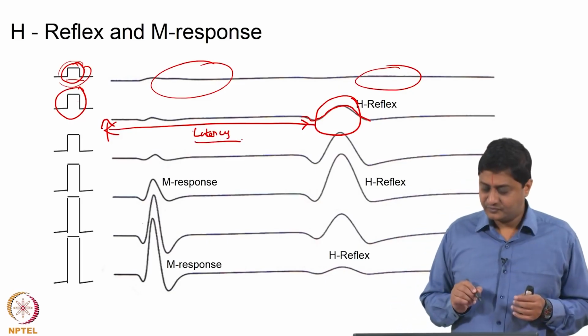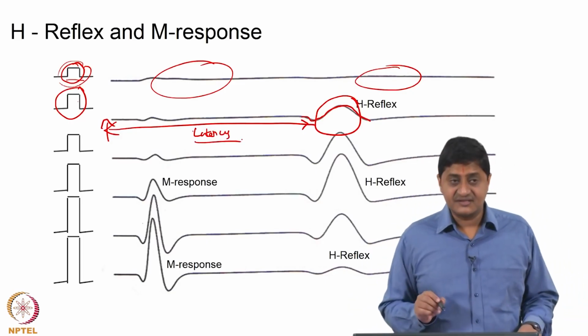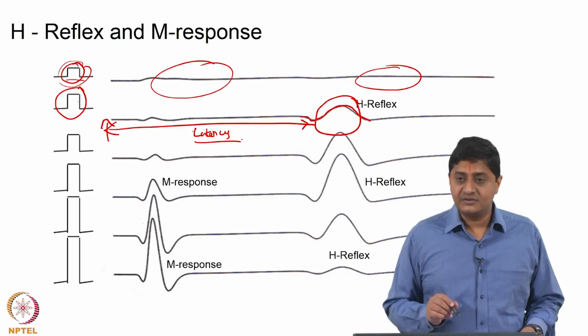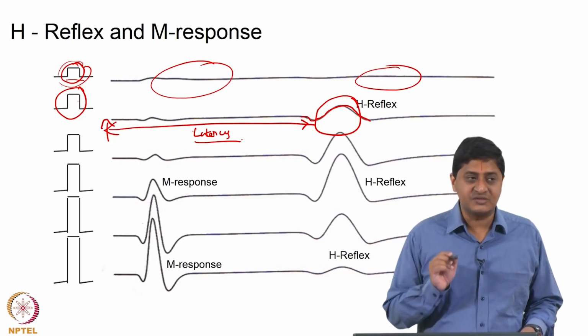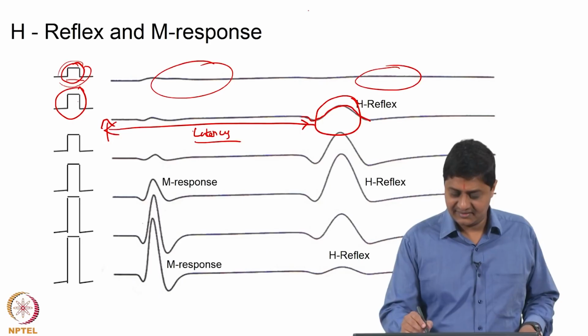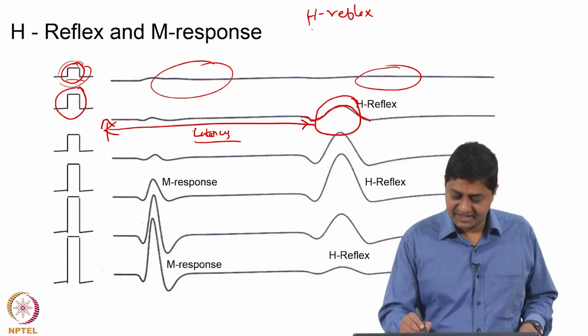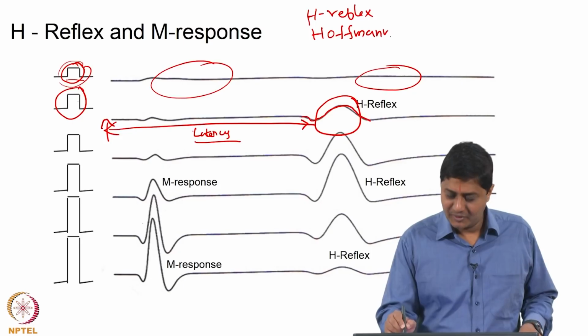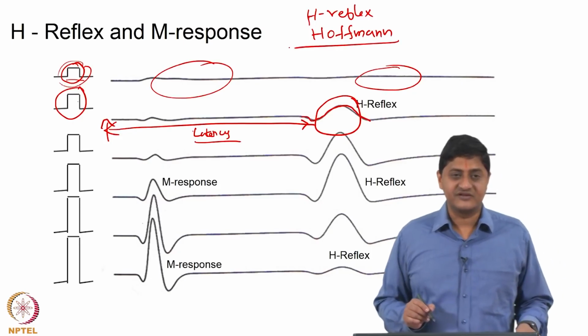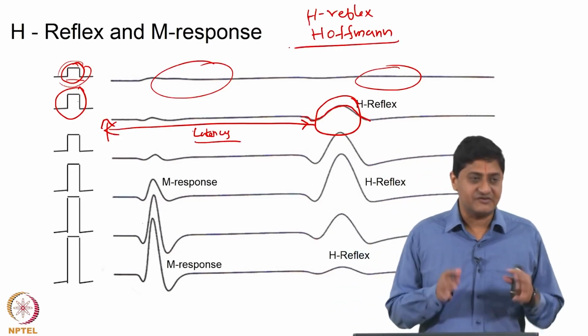Now, this reflex that is induced due to electrical stimulation is called the H reflex, attributed to a scientist called Hoffman. Okay. Nobody calls this the Hoffman reflex anymore, everybody calls this the H reflex.